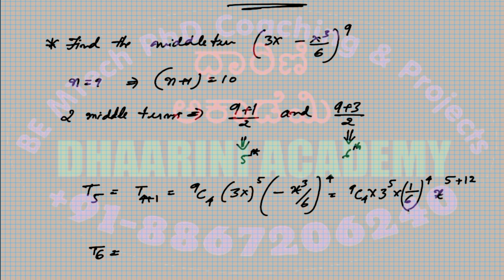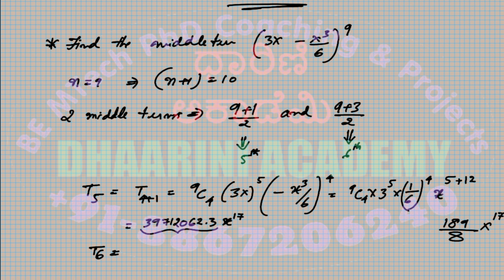Okay. So the answer is equal to 3971 x to the power 17. The value needs to be checked, because the answer given here is 189 divided by 8 into x to the power 17. Let me check once more.